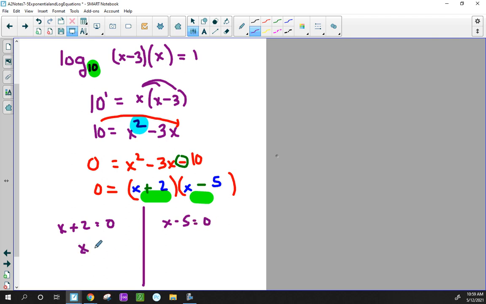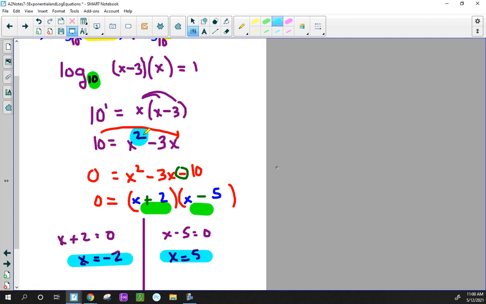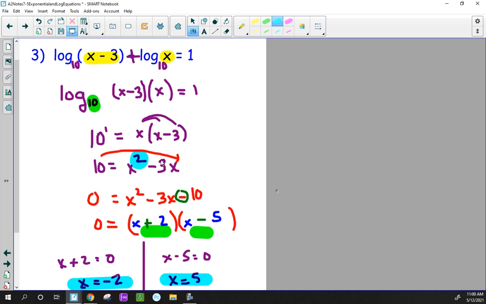So this answer is going to be x equals negative 2. And this equation is going to give me an answer of x equals 5. All right, so these are my two solutions. Again, I got two solutions because I had a power of 2 show up in the problem. It is quadratic. You can verify that.